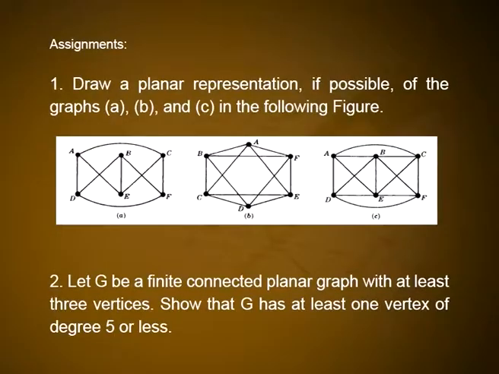Now, let us see some assignment problems. First one, draw a planar representation, if possible, of the graphs A, B and C shown in the figure. Second one, let G be a finite connected planar graph with at least 3 vertices. Show that G has at least one vertex of degree 5 or less.